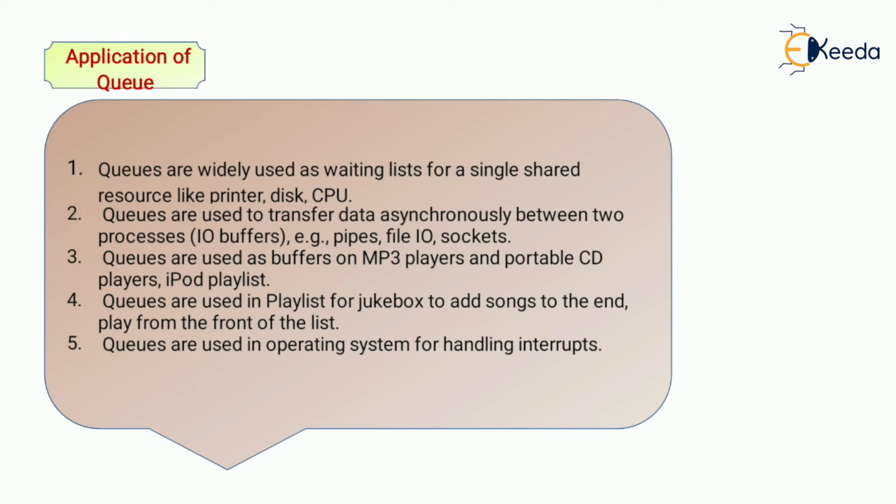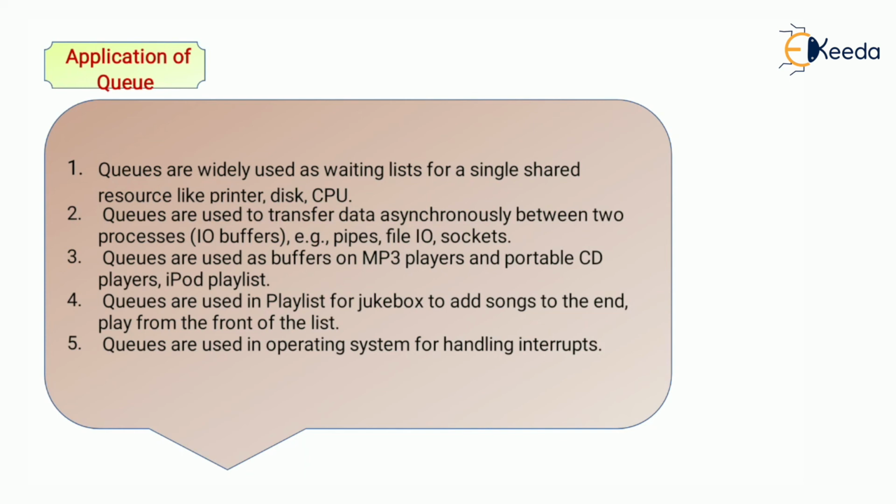Queues are used in operating systems for handling interrupts. As we studied in the microprocessor, we have the concept of interrupts. Interrupts matter whenever we want to access more than one process in a computer. The process which has the highest priority is executed according to the highest interrupt.